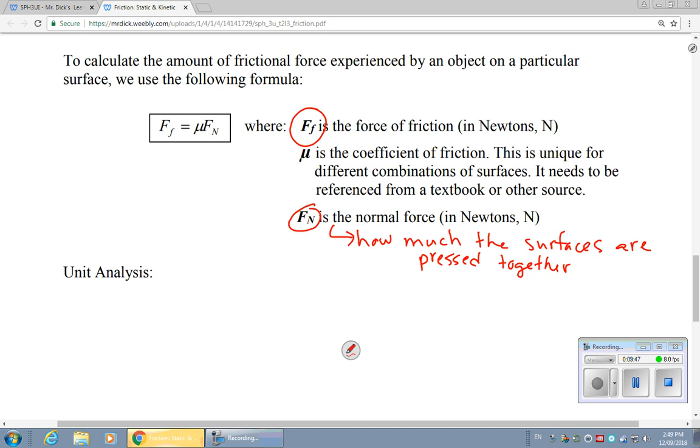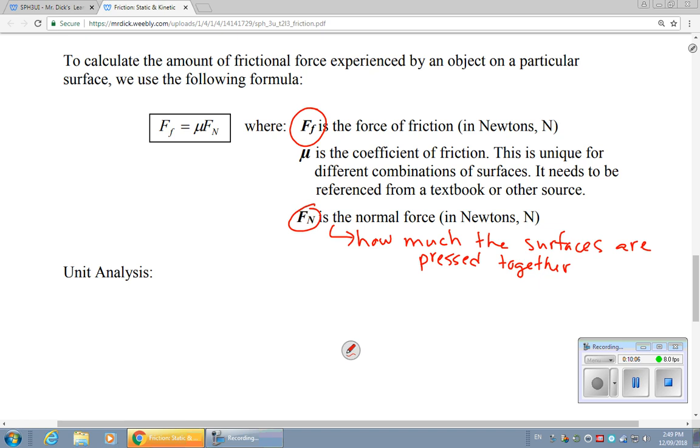That's why we include normal force as part of this. And so if you have a larger normal force, it's because the surfaces are really strongly pushed together. And if you have surfaces really strongly pushed together, as you can imagine, if you push your hands together and rub them really hard, you get a very strong frictional force, a strong friction effect happening.